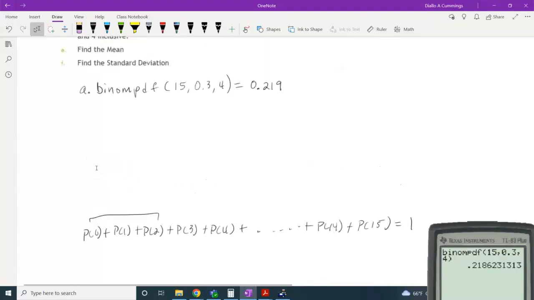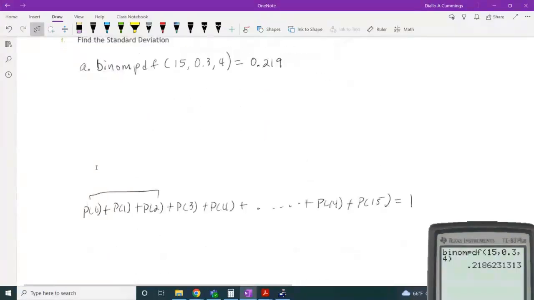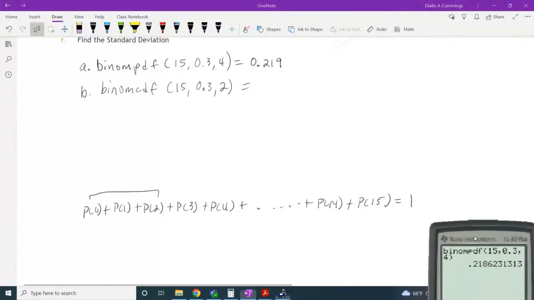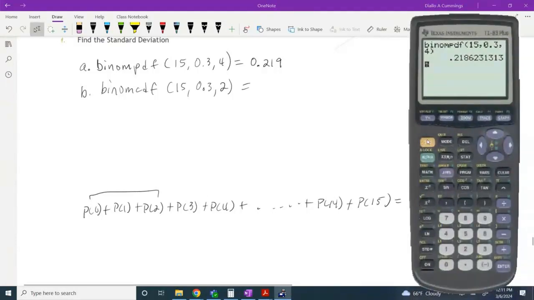Okay. So in the calculator we want to use binomial CDF: 15, 0.3, 2. I'm not using 3, fewer than that, so that would be 2.